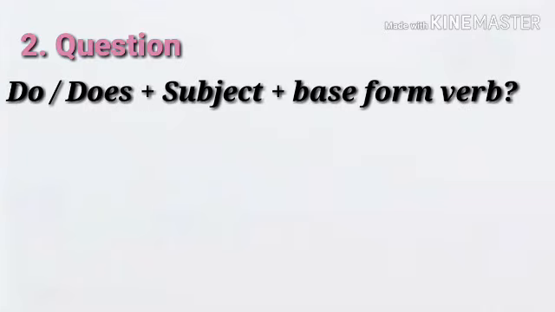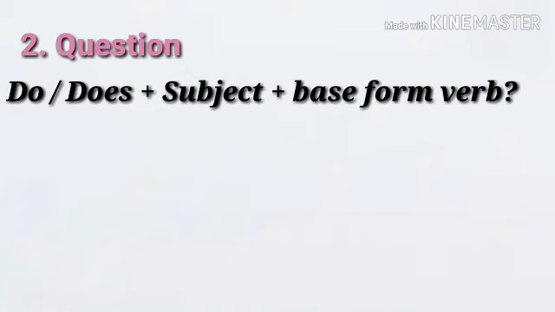We can also use do and does in a question. What is the structure? To make a question, we have to use do or does, followed by the subject and the base form verb. Again, because of do and does, the verb should always be in the base form.